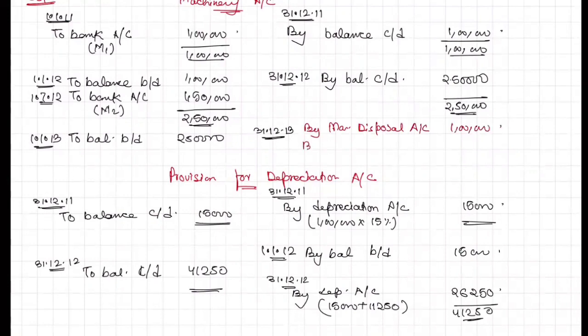Okay, and by balance CD next 1.5 lakh will be reflected as it is, correct?